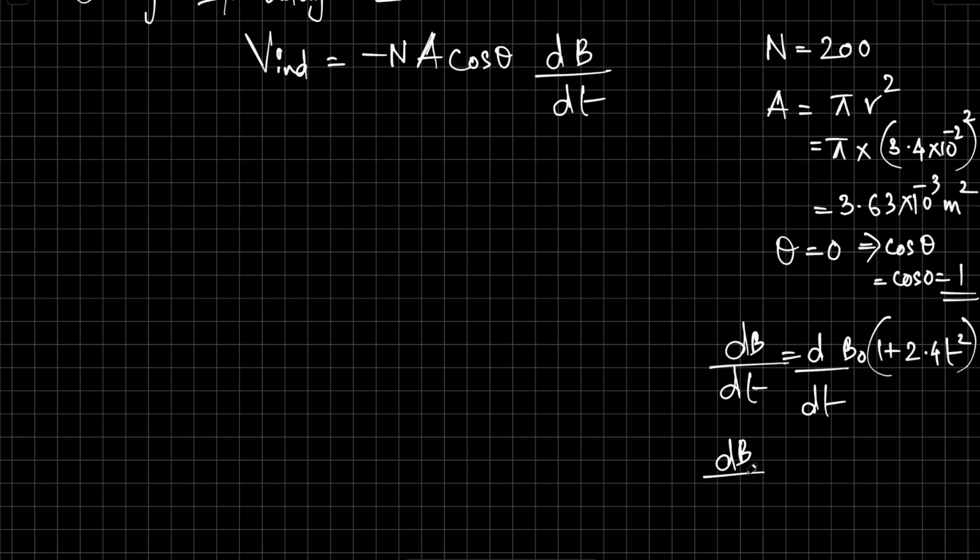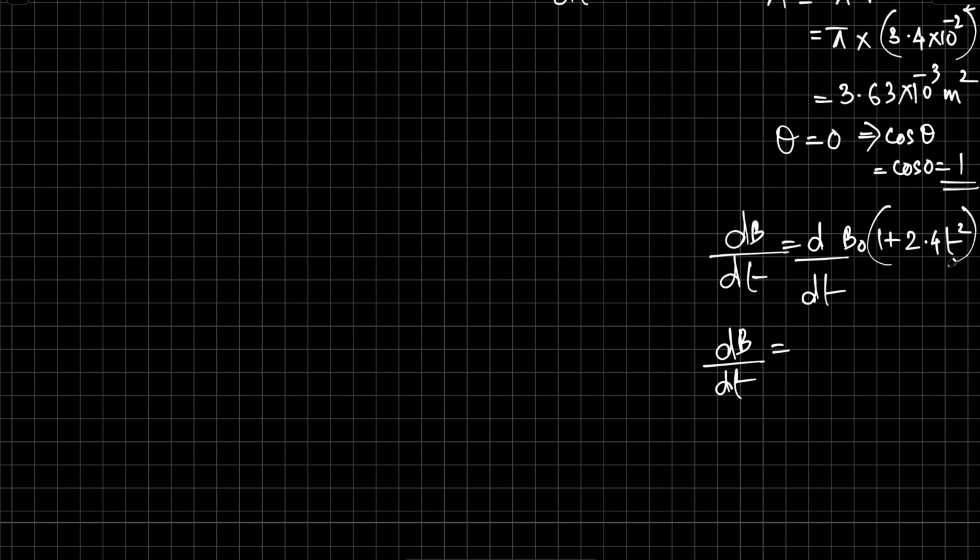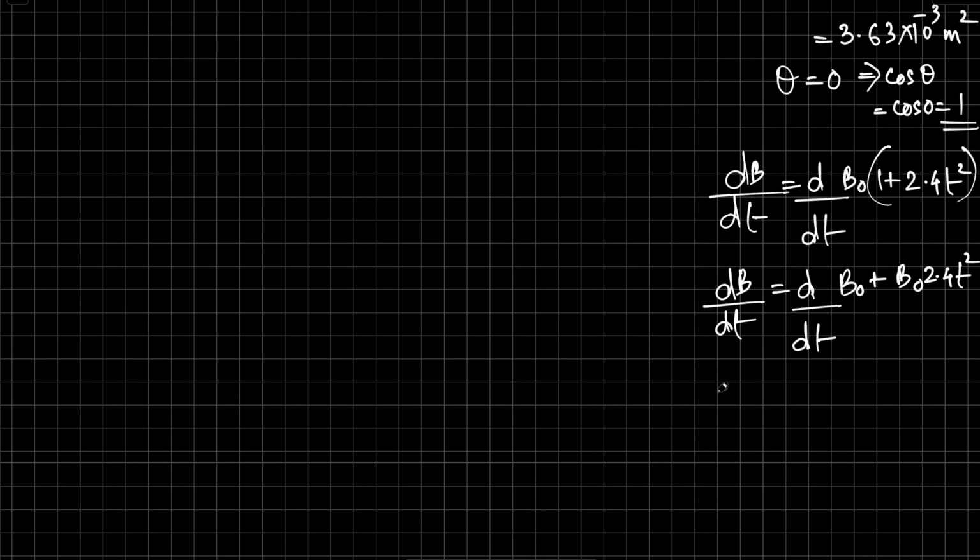Multiplying B0 into the bracket, d by dt of B0 into 1 is B0, plus B0 times 2.4 t square. B0 is a constant.